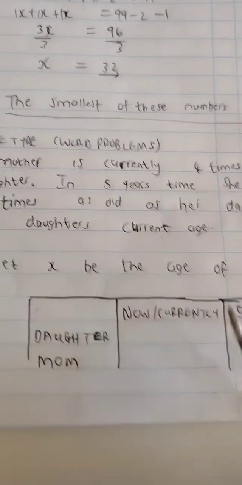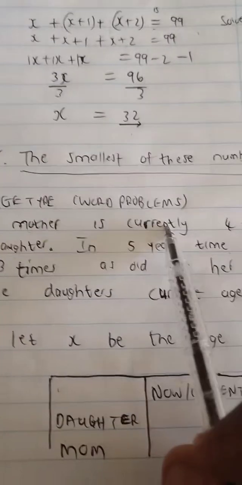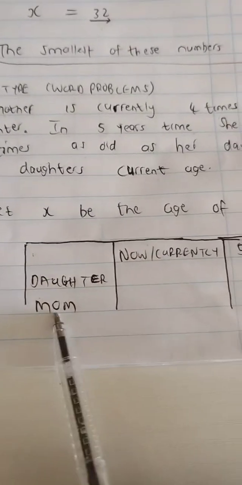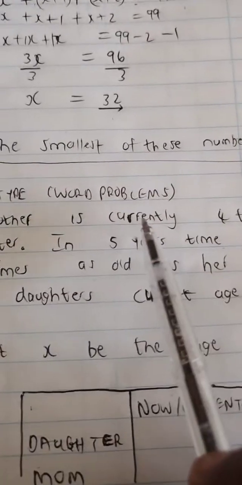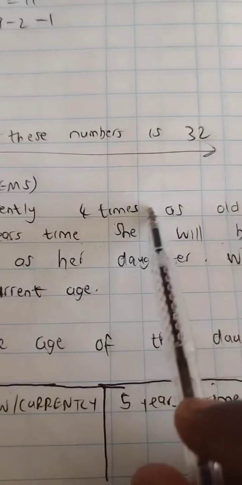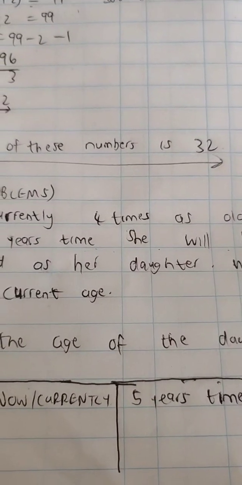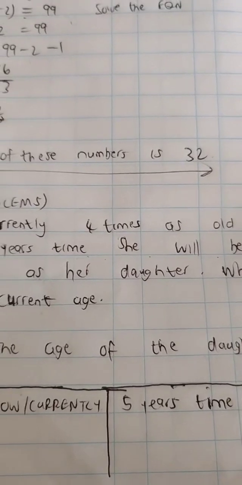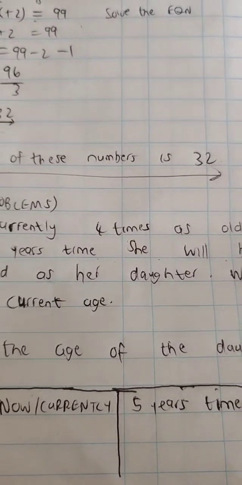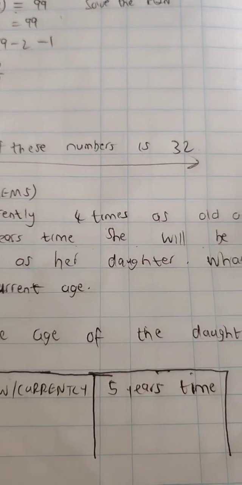Okay, so currently mom is what? 4 times as old. When we say 4 times as old, let's say I am 10 years old. If my dad is 4 times as old as me, let's say I'm 10, that means my father is what?